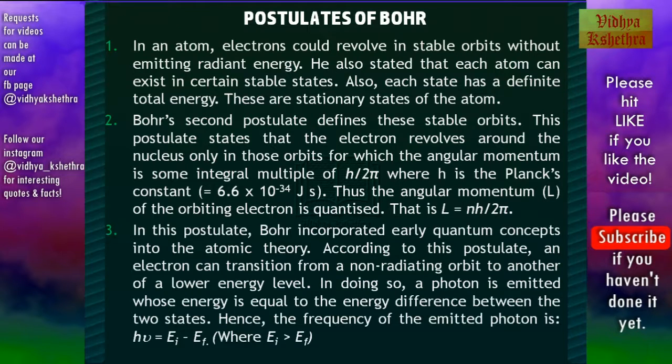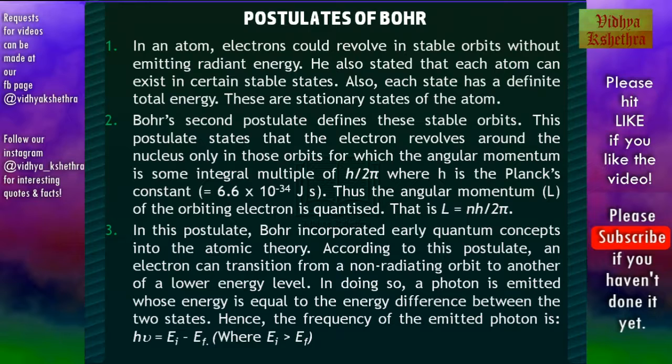Now, in the third postulate, Bohr incorporated early quantum concepts into the atomic theory. According to this postulate, an electron can transition from non-radiating orbit to another of a lower energy level. In doing so, a photon is emitted whose energy is equal to the energy difference between the two states.